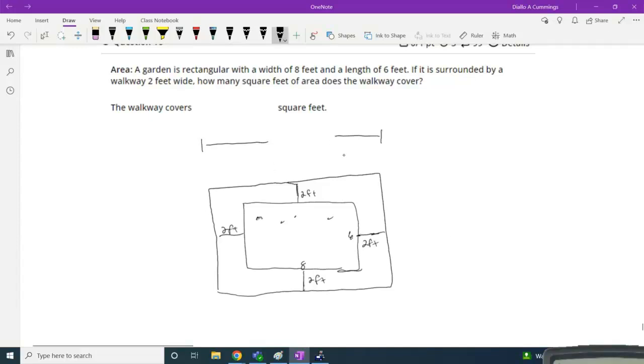So my total length is 12 feet. Next, I'm going to find the total width or height. The width of my garden is 6, and then it extends 2 feet on each side. Therefore, the total width is 10 feet.